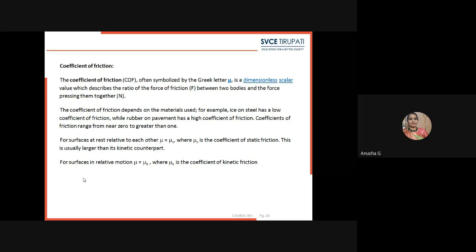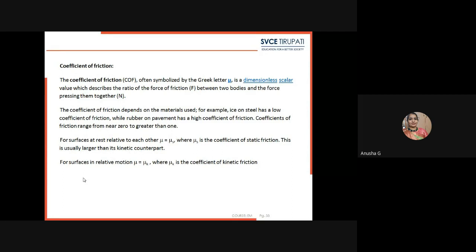If you are sliding on ice, the friction will be more or less. If we are taking steel, the friction will be low, because there will be a rough surface. If you take glass, the friction will be zero, because a smooth surface will be observed.